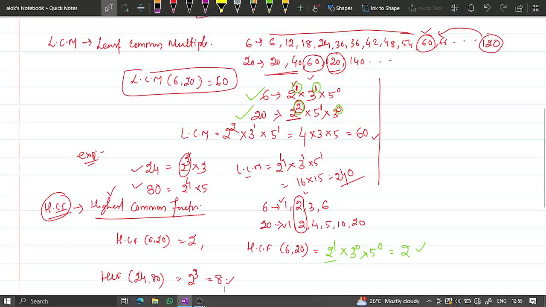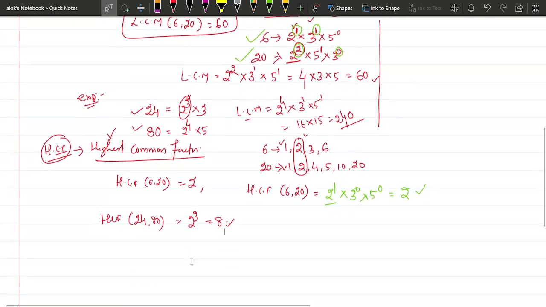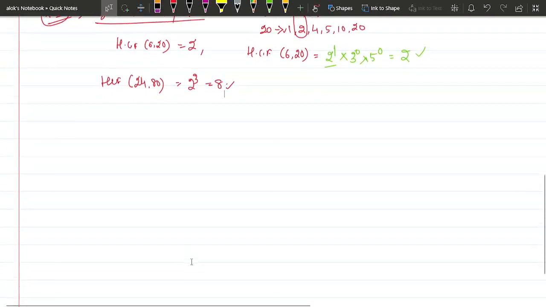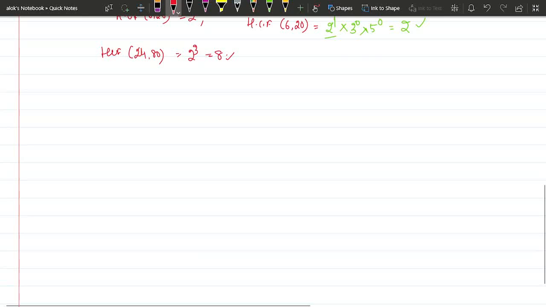Now we have an important formula of this HCF and LCM. The formula states that suppose A and B are two numbers.